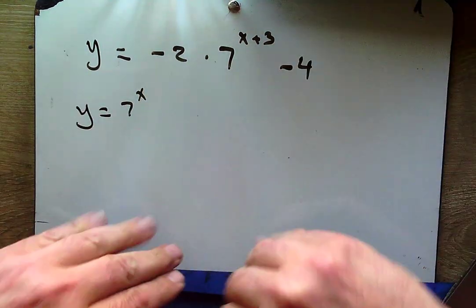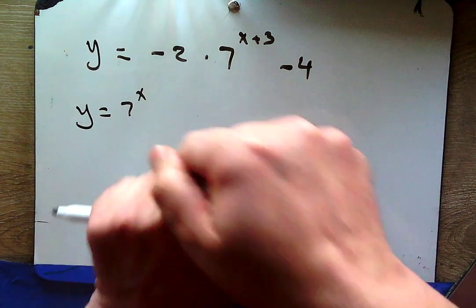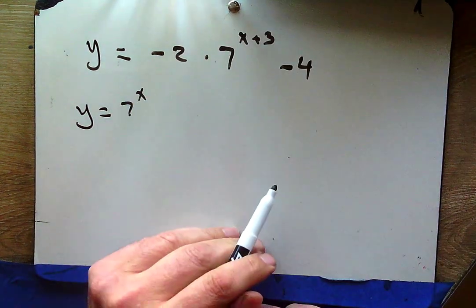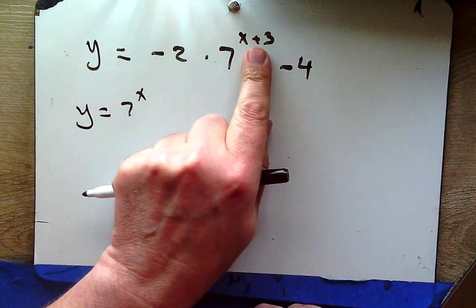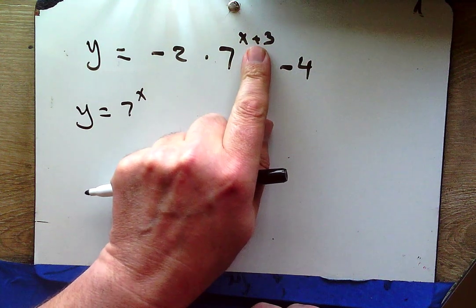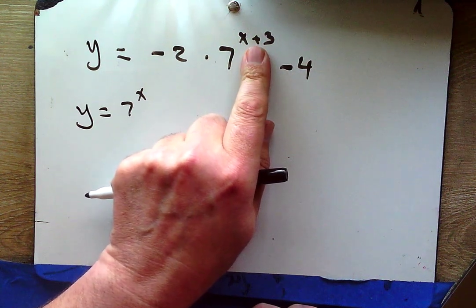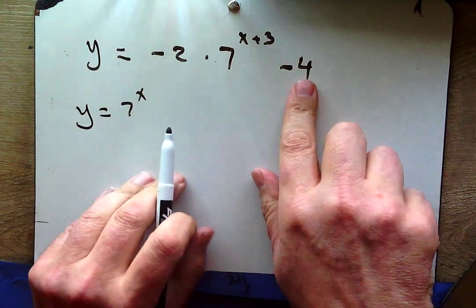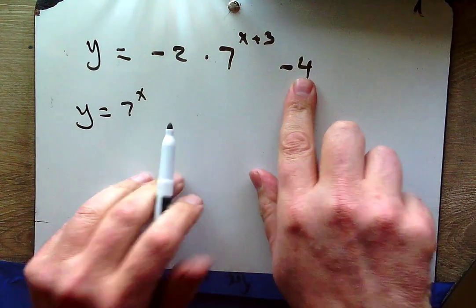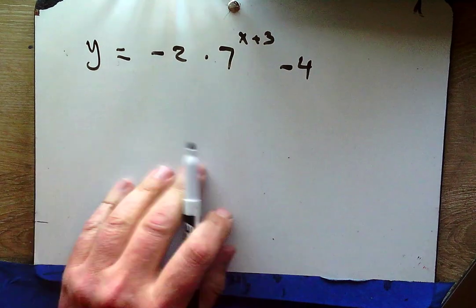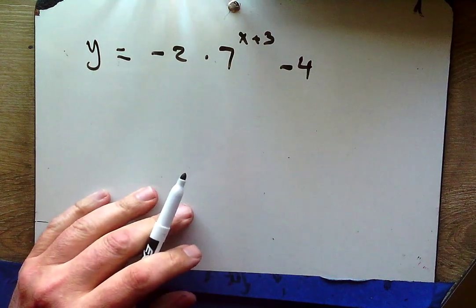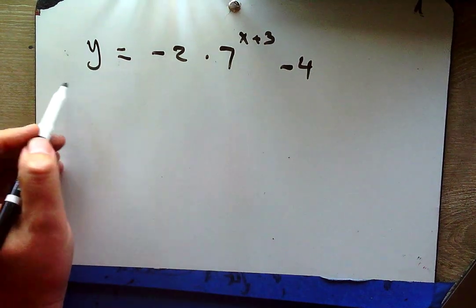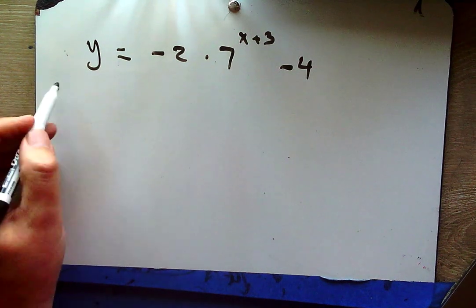Negative will flip the graph upside down, and 2 will stretch that graph a bit. What about this plus 3? Does that go to the right? No. Inside is opposite land. This graph moves right 3. Okay, and finally down 4. Good. So why don't we graph it just to get a little more practice with that? Pause the video, give it a go.